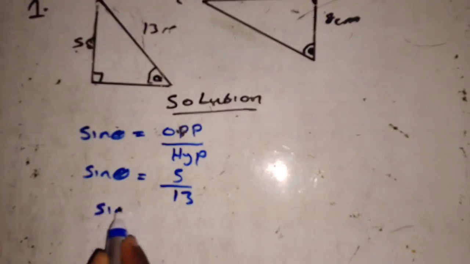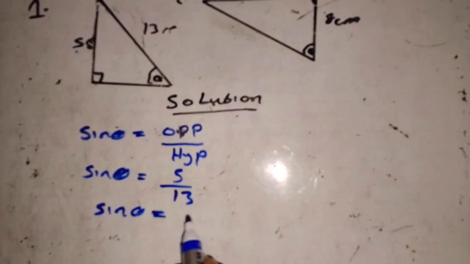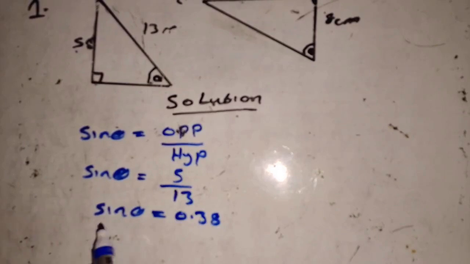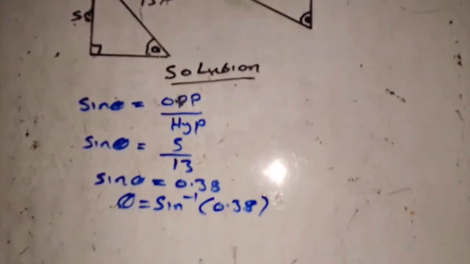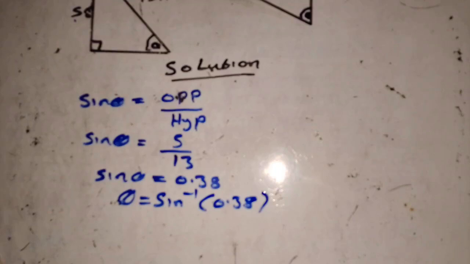Now let's find theta. We can find theta by making theta the subject of the formula. Theta is equal to sine inverse of 0.38. Let's now find the value of sine inverse of 0.38.